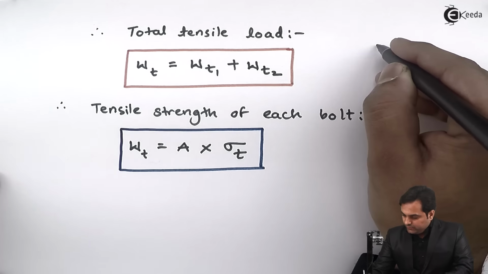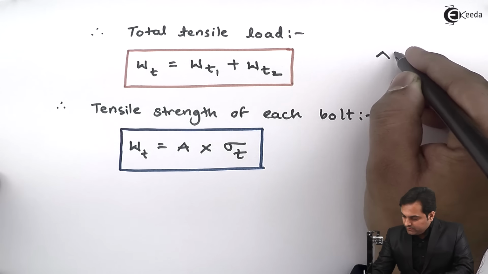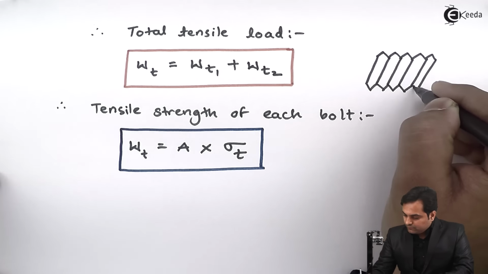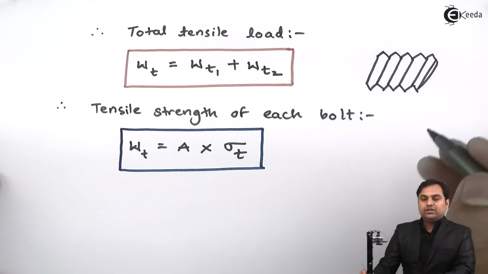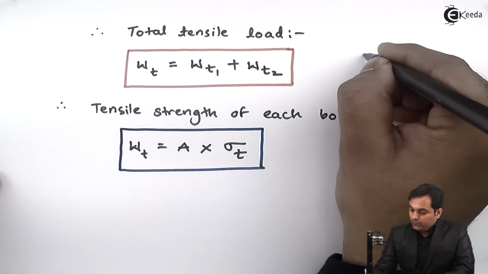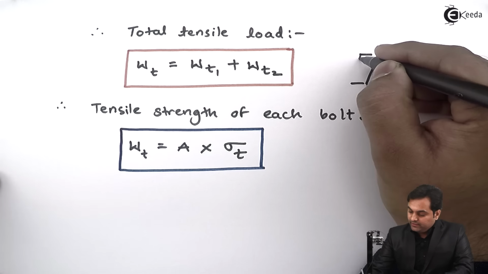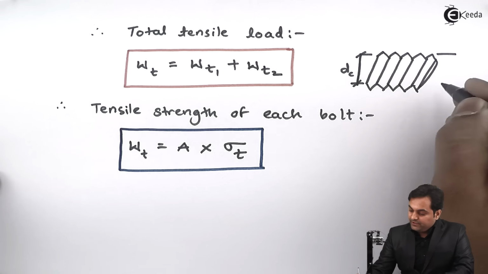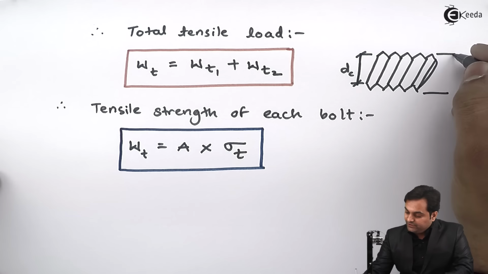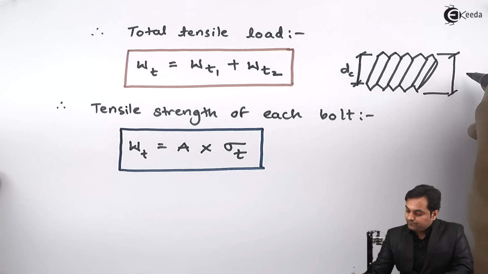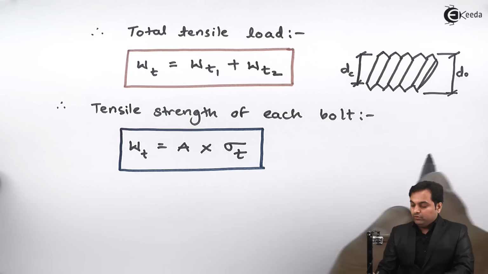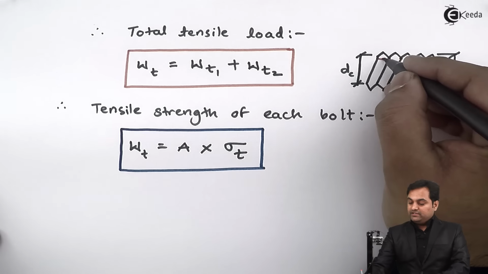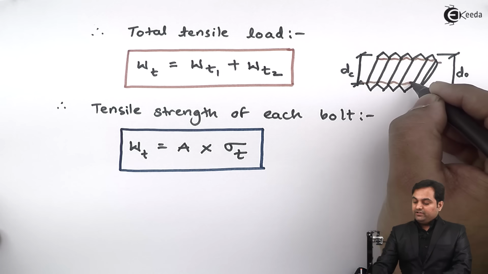Since bolts have threads, here we would be getting a small area because of the small diameter DC and a bigger area because of the outer diameter DO. So now bolts would be failing about the core diameter because here the area is less, it will be failing at the core.